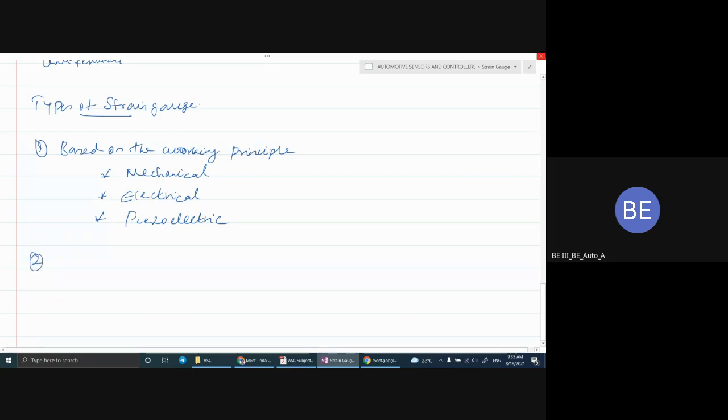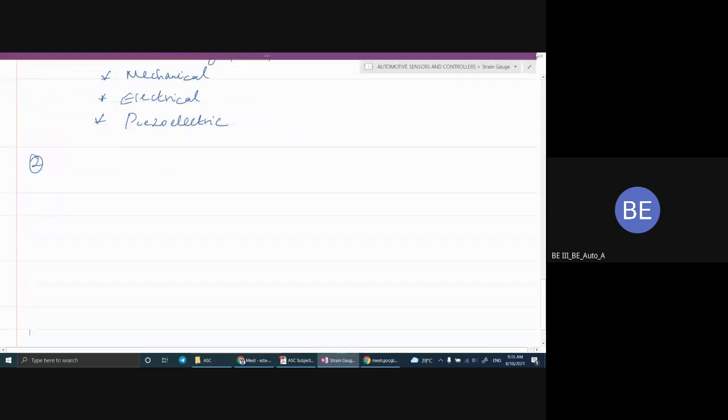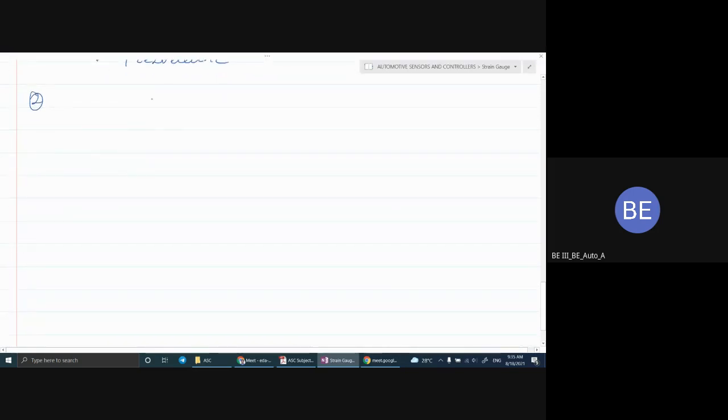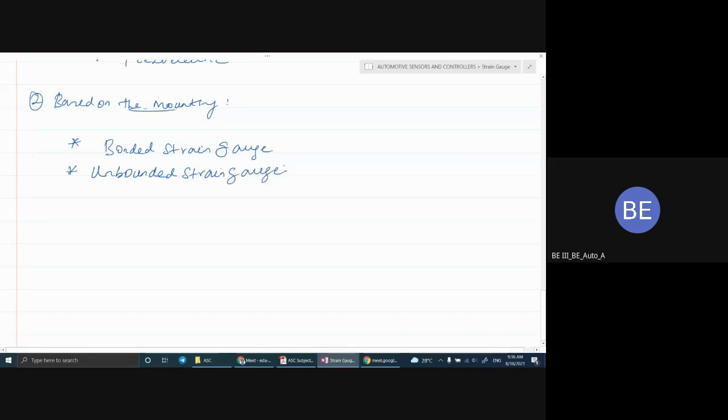And number two, based on the mounting, we have two types.